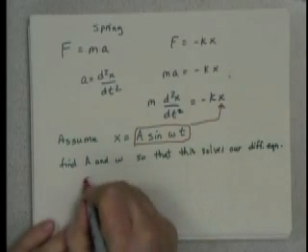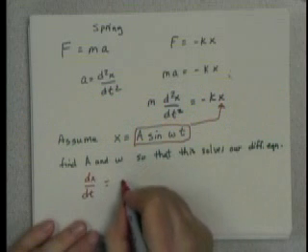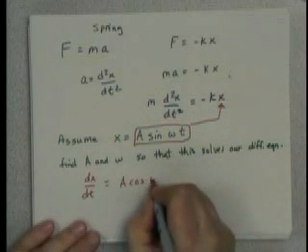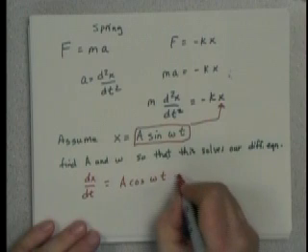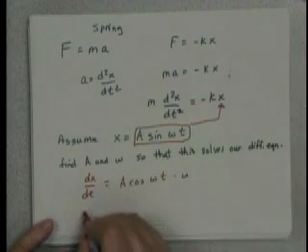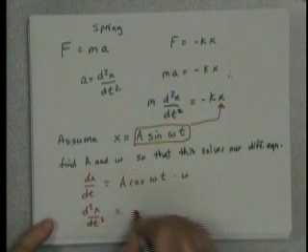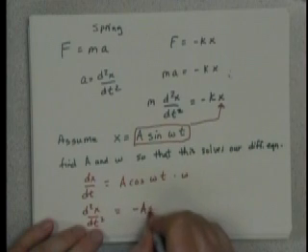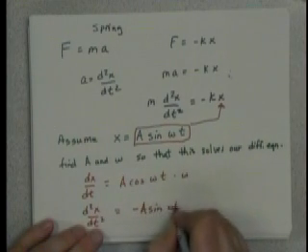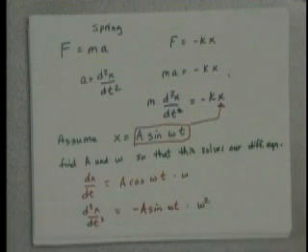So dx dt is going to be a cosine of wt, or omega t, times omega. And then the second derivative is going to be negative a times the sine of omega t times omega again. So we end up with omega squared.